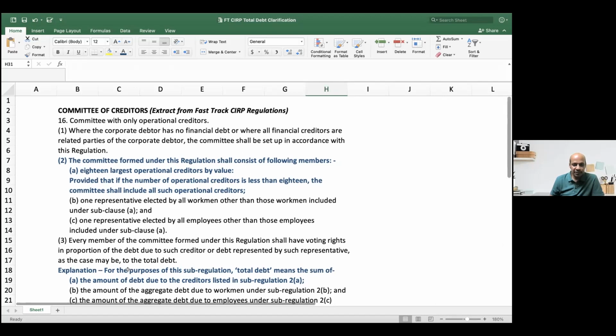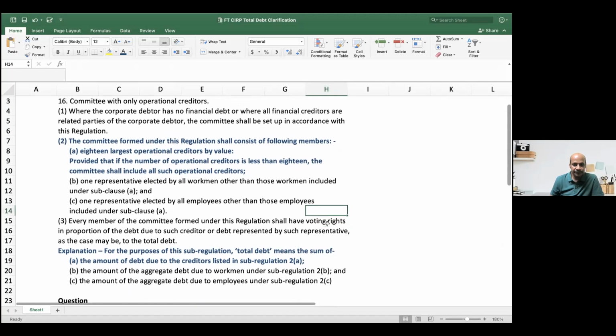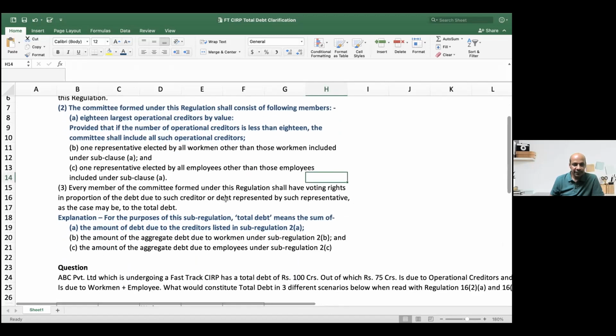Now, sub-regulation 3, which says every member of the committee formed under this regulation shall have voting rights in proportion of the debt due to such creditor or debt represented by such representative as the case may be to the total debt. Now, this sub-regulation 3 is basically trying to say how would you decide the voting rights based on the amount of debt.